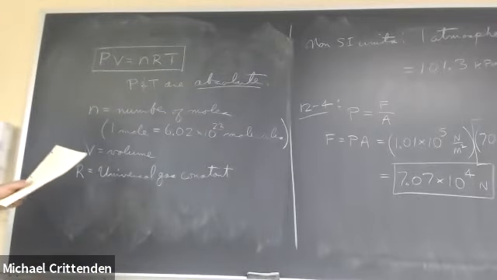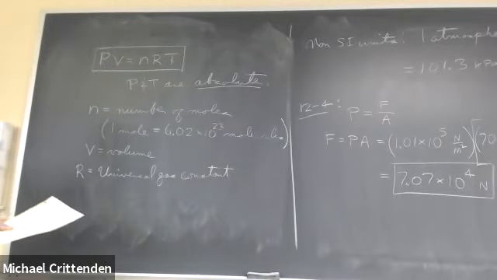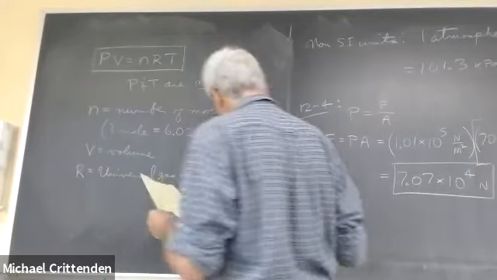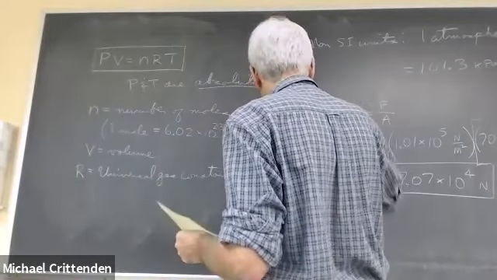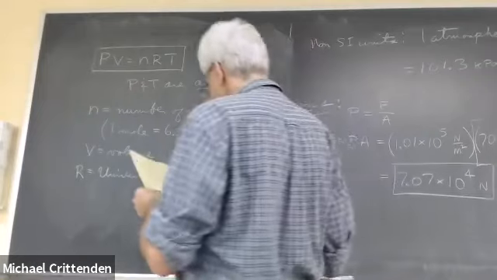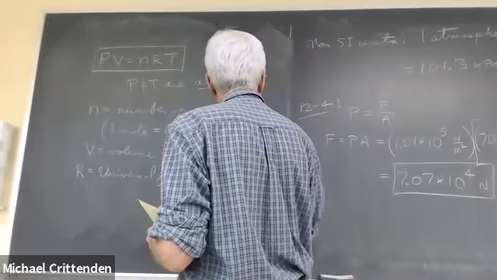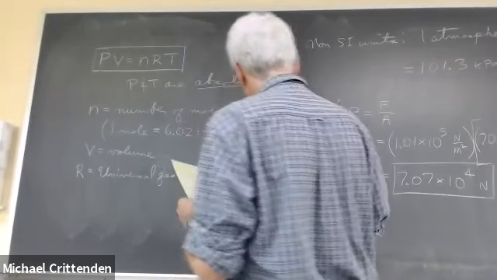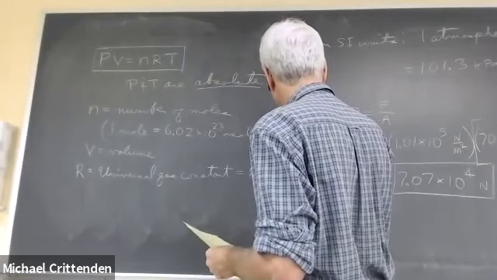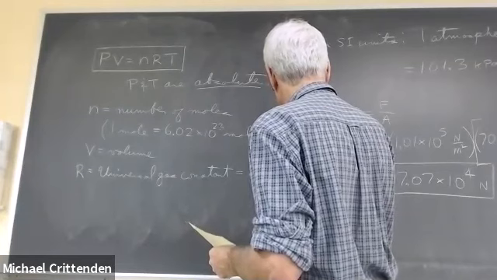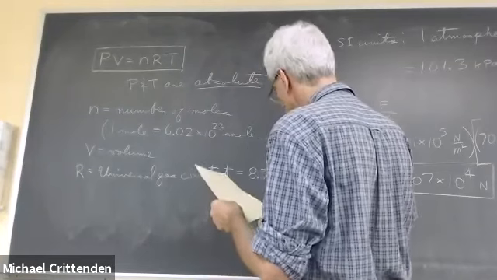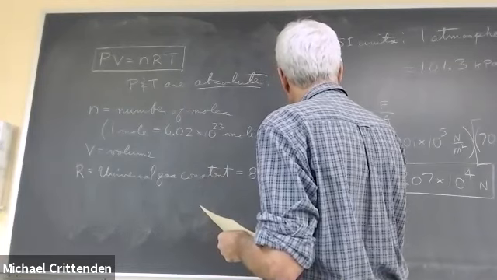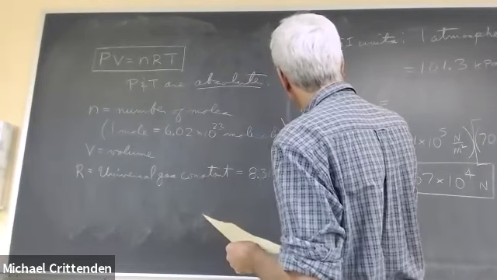The universal gas constant. In the units we'll be working in, 8.314 joules per mole per Kelvin.